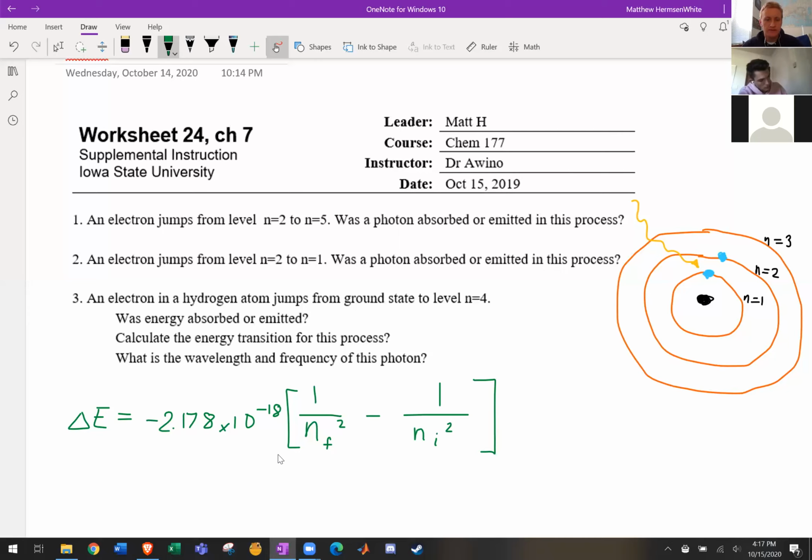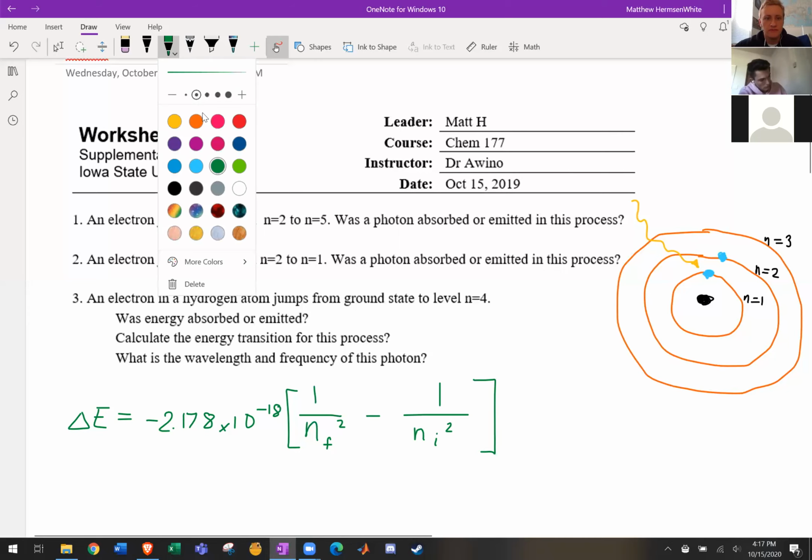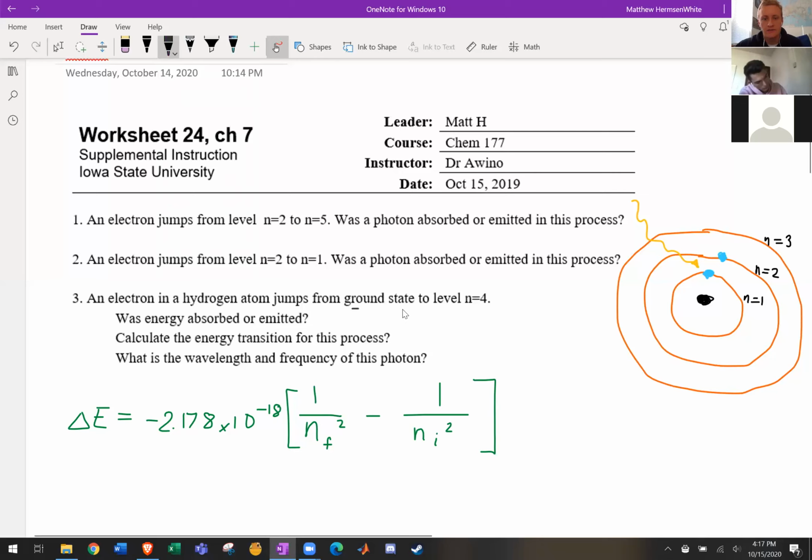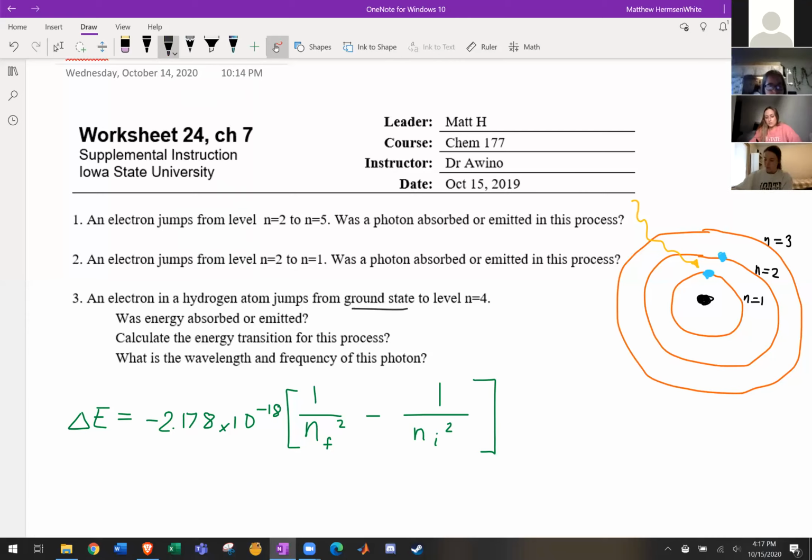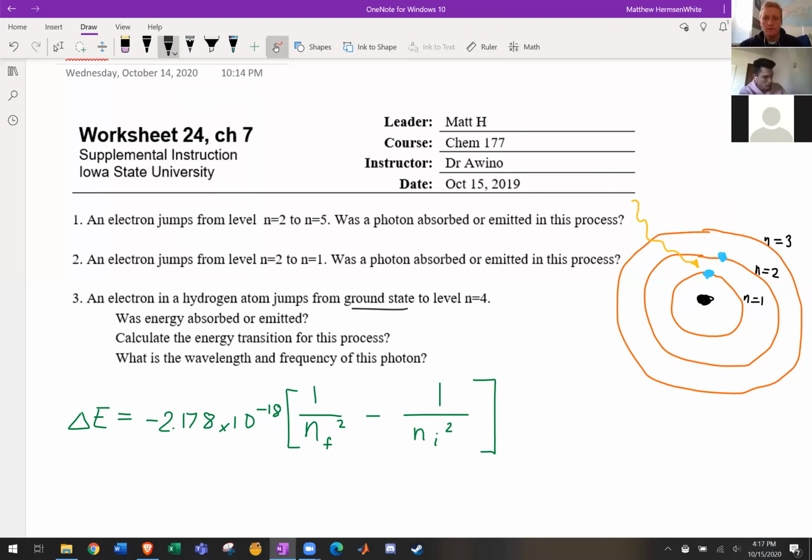Now there's another piece of information here that you're going to need before I let you work, and that is this term called ground state. Does anyone know what ground state means? Lowest energy level, yeah, Elizabeth. So Elizabeth said in the chat, lowest energy level. So this means n equals 1. Very good.